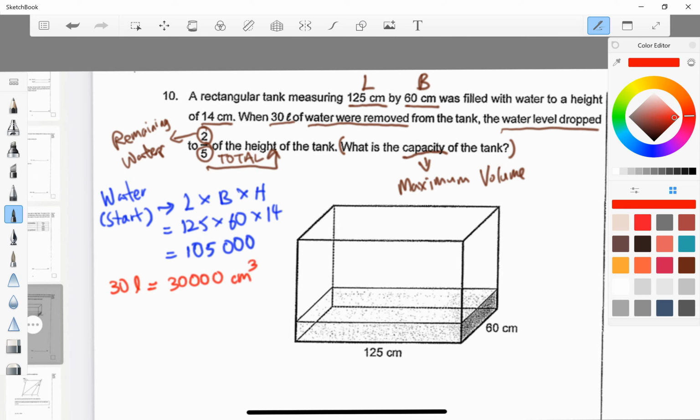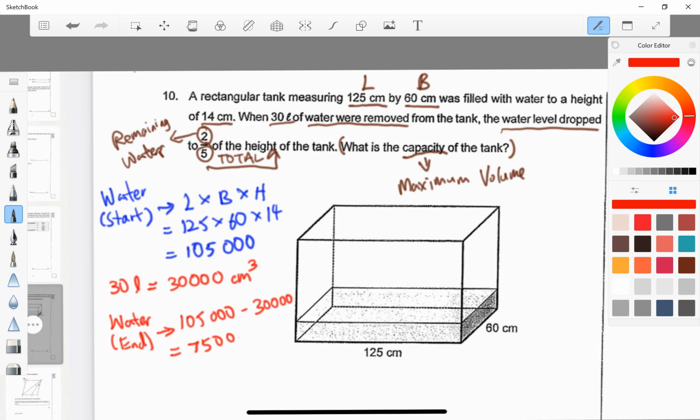So no worries. After removing 30,000 cm cube from the tank, what is my water left over? What is my water in the end? It has got to be 105,000 subtracting away 30,000. If I work this out, my answer will be 75,000.